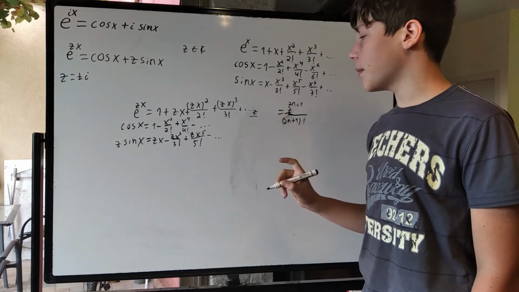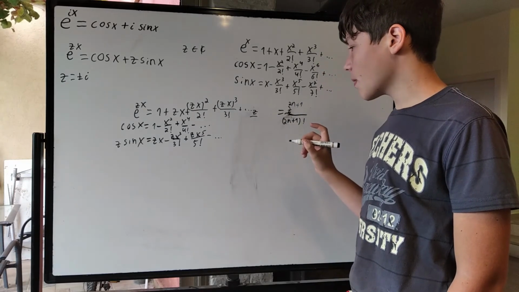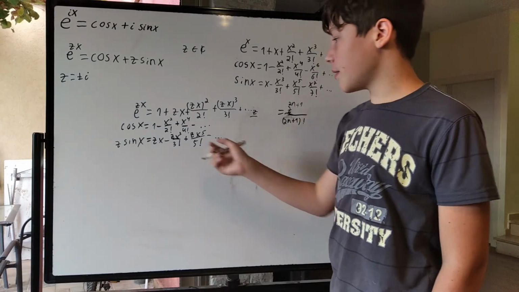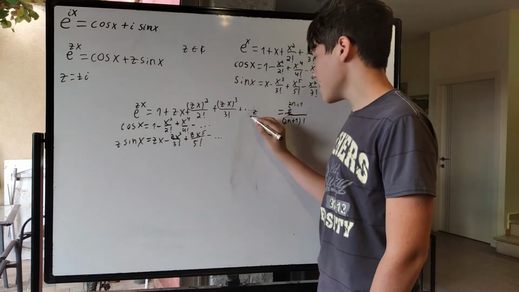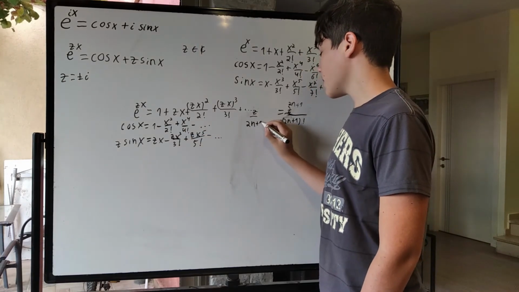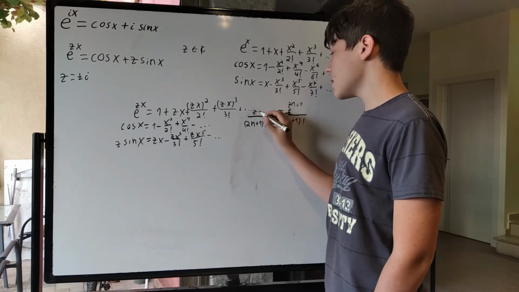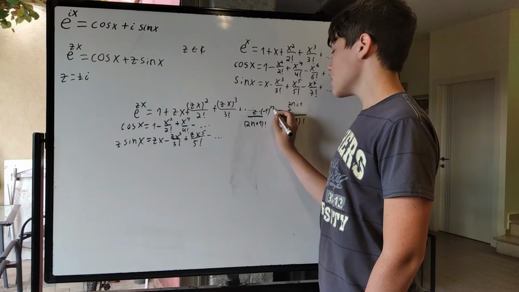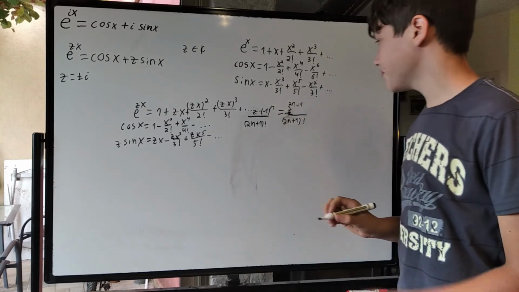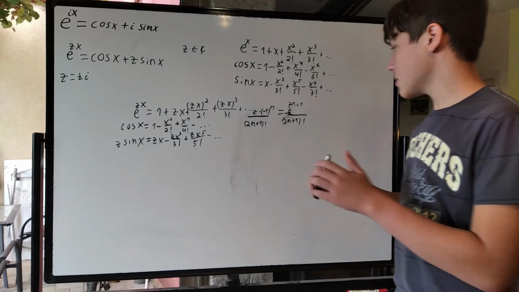Then we're dividing by the factorial of the power again. So this is divided by 2n plus 1 factorial. But again, we have alternating signs. So this is times negative 1 to the n, which takes care of the alternating signs.